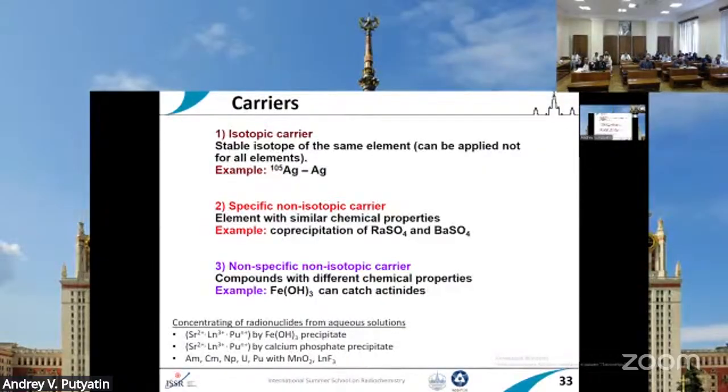So for concentration of radionuclides, we can use some universal carriers, I would say, to co-precipitate all the actinides, for example, or all the multivalent cations.